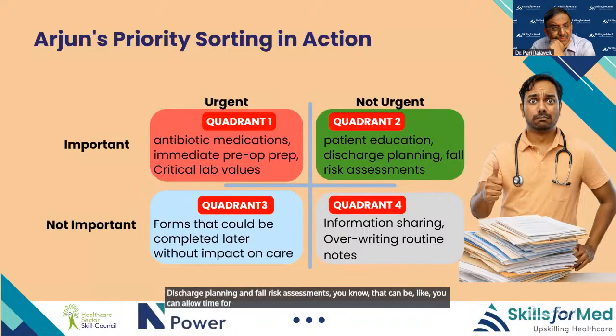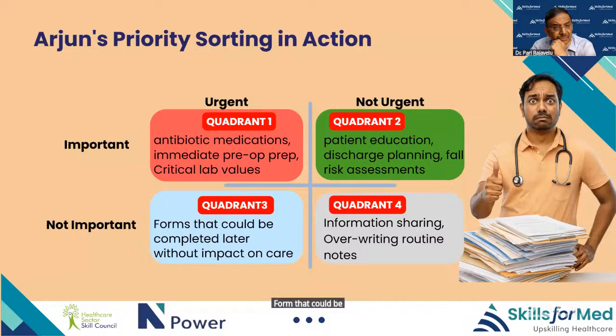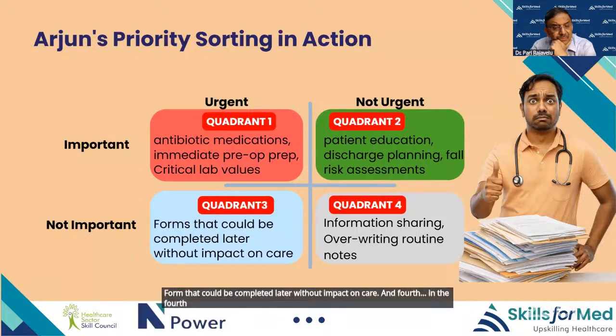Quadrant 3 is urgent but not important, but still you have to do it, like forms that could be completed later without impact on care. In the fourth quadrant, he put information sharing and overwriting routine notes. He is going to minimize those activities, which is why he put them in quadrant 4.